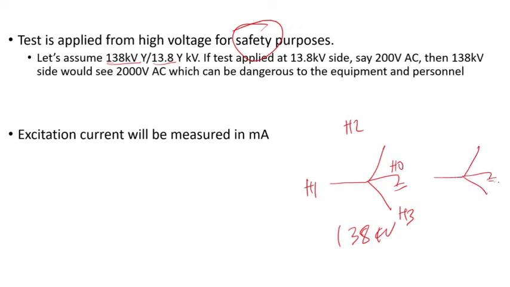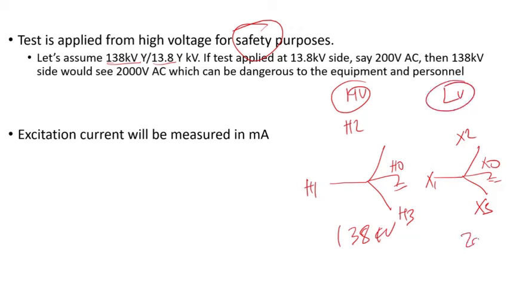Then the same thing with the low voltage, so you have X1, X2, X3, X0. So if test is applied to this side here, so this is the HV side, this is the low voltage side, say, let's say 200 volt AC. So you have to apply AC voltage.